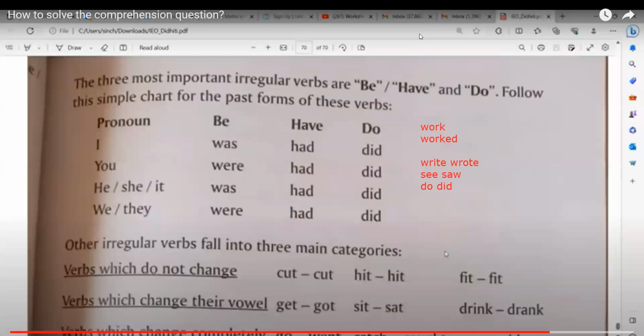Hit is there, fit is there, cut is there. Okay, Udit, is it clear to you? Yes, ma'am. Okay, now Rajdeep, is it clear to you? Yes, ma'am. Rajdeep, make a sentence with cut in the present tense as well as in the past tense.